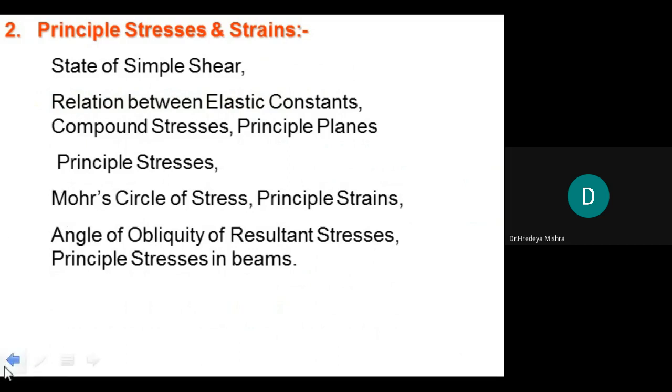So it is very easy to say how we can use the stress strain diagram.